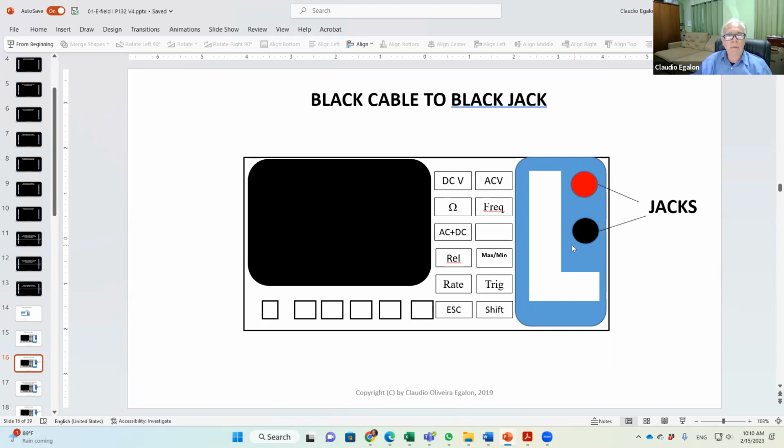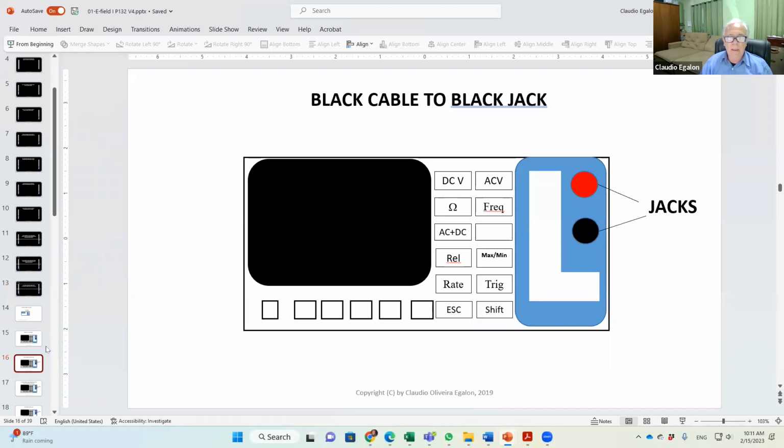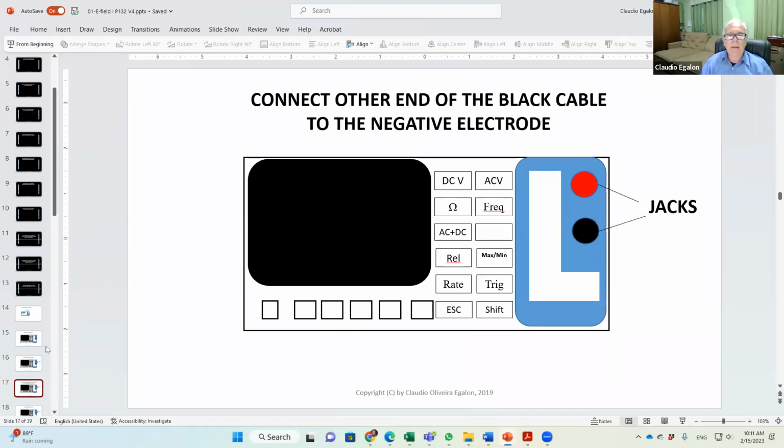The black cable of the power supply goes to the black jack. So this black jack is being connected in the same spot where the black cable of the power supply was connected.